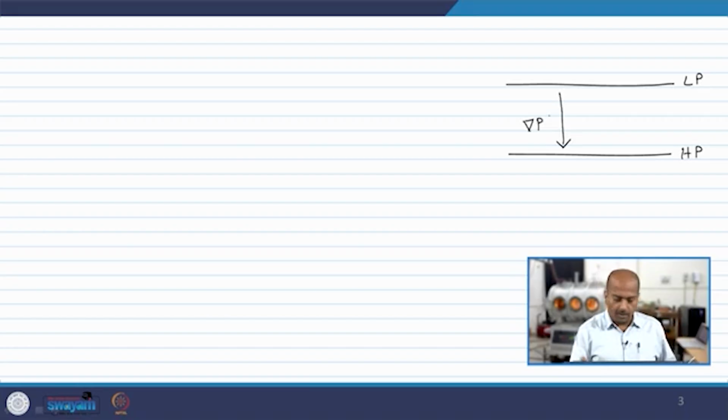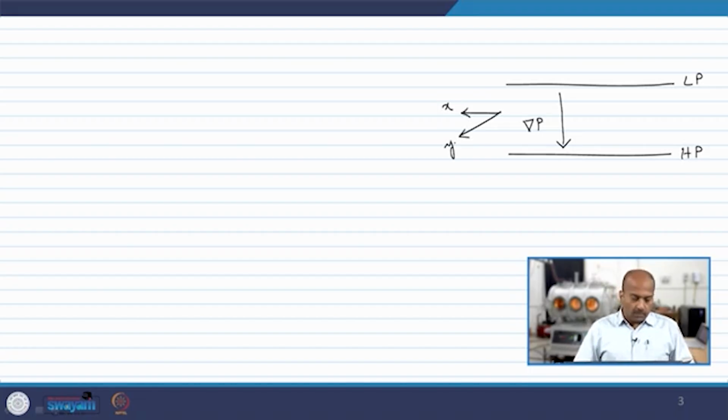Let us say we imagine a surface at a lower pressure and a surface at a higher pressure. So, the gradient of pressure is in this direction, ∇P, obviously. And let us put the reference for coordinates. Let us say this is x and this is y.